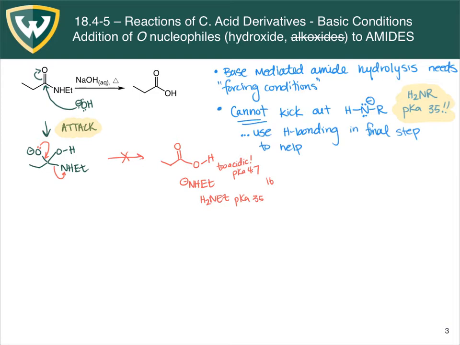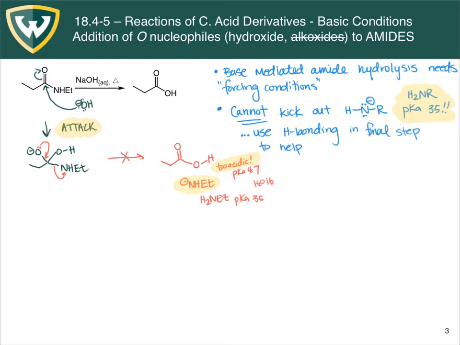Again, water is pKa 16. This is a 20 pKa unit difference, so that tells us that cannot be formed in the same flask. Anything with a bigger gap than 10 is going to be a problem. So this route here is all the no. Too acidic. This one, too basic.